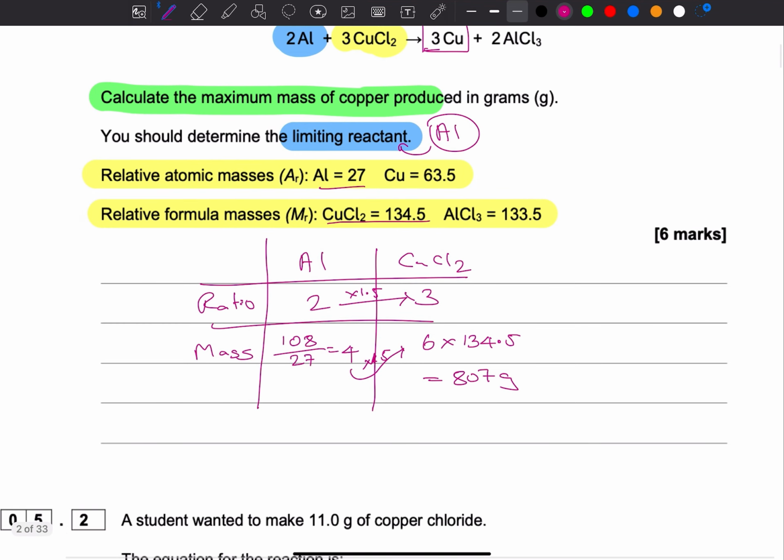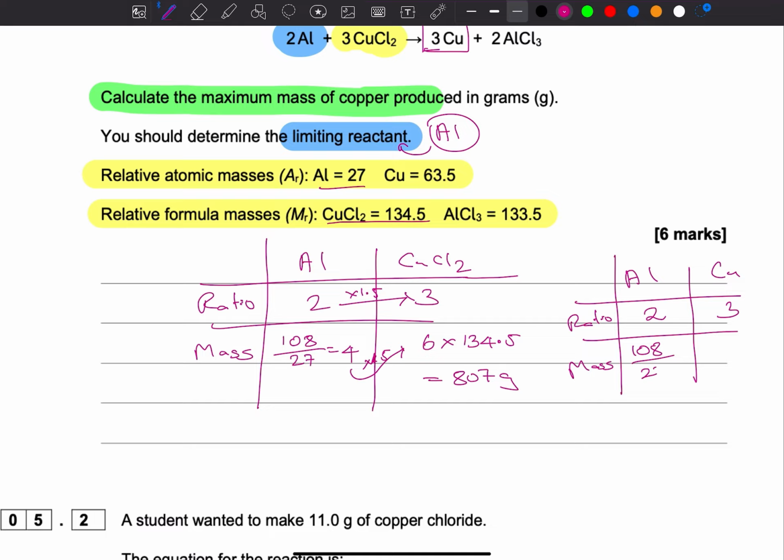So I'm just going to put it here. Ratio, mass. So you know aluminium and copper. The ratio for aluminium is 2, copper is 3. Aluminium was 108, divided by the relative formula mass of 27, which makes it 4.